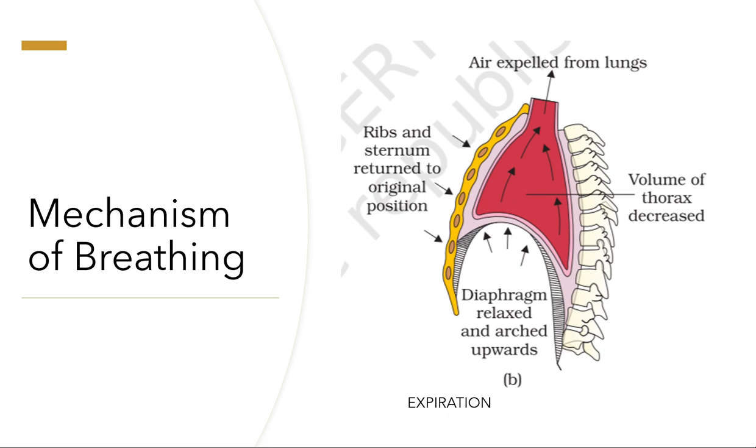The muscle fibers of the diaphragm relax, making it convex and decreasing the volume of the thoracic cavity. As in the diagram you are watching, the arrows are going upwards, the diaphragm muscle is relaxed and making it convex, and so the volume of the thoracic cavity is decreased. Now, what is the function of the internal intercostal muscles?